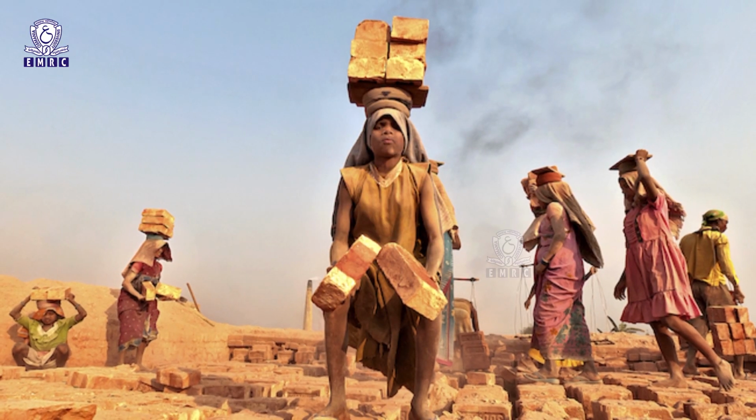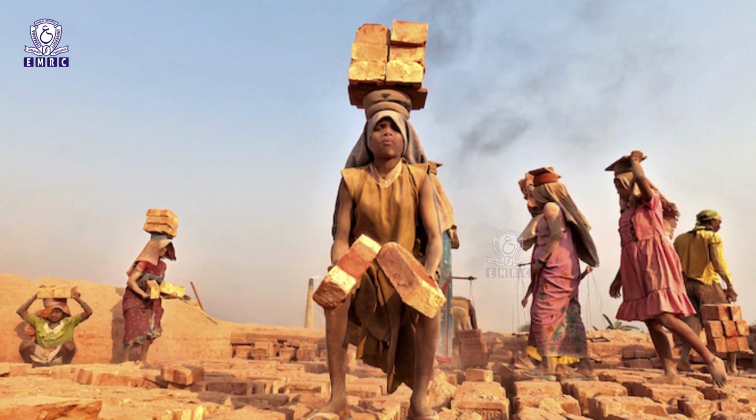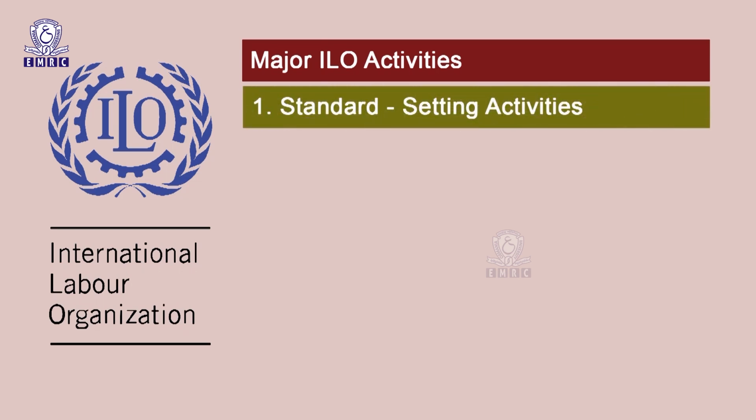Eliminating child labour has the potential to have many positive effects, including the eradication of poverty, the development of stronger economies, and ensuring that all children receive the kind of education and training they need to develop into the creative and productive adults they can become. Employees will not lose both their dignity and the freedom to select their own occupation by ending forced labour in all of its forms. And the first primary objective is standard setting activities.